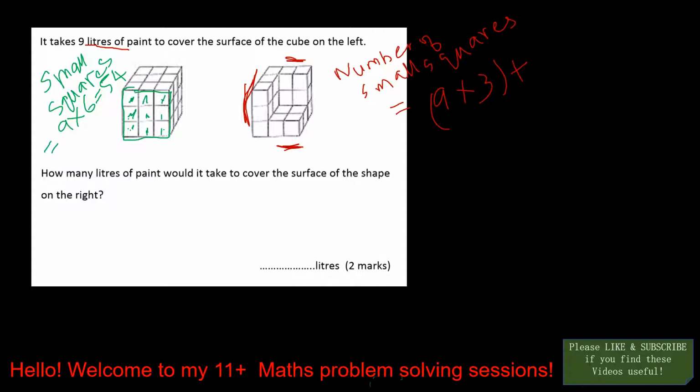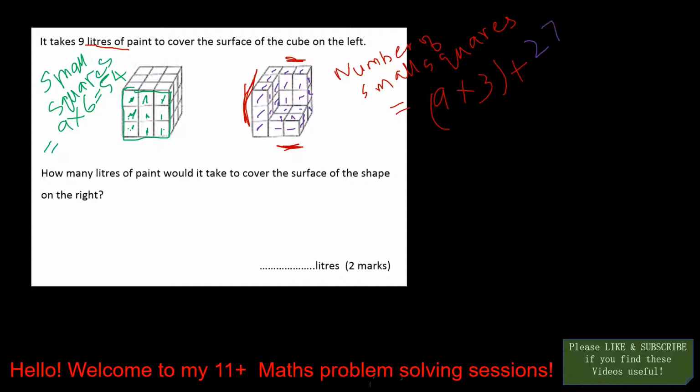So 1, 2, 3, 4, 5, 6, 7, 8, 9, 10, 11, 12, 13, 14, 15, 16, 17, 18, 19, 20, 21, 22, 23, 24, 25, 26, 27. So there are 27 squares here.